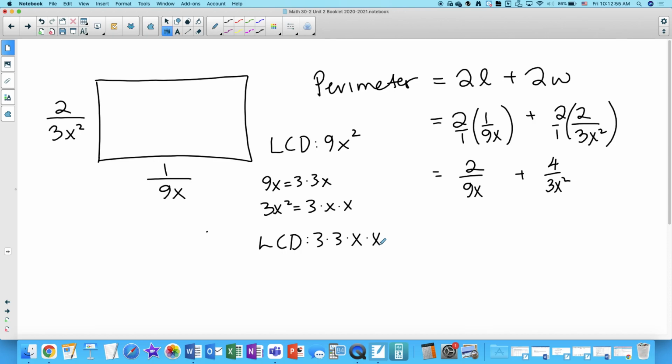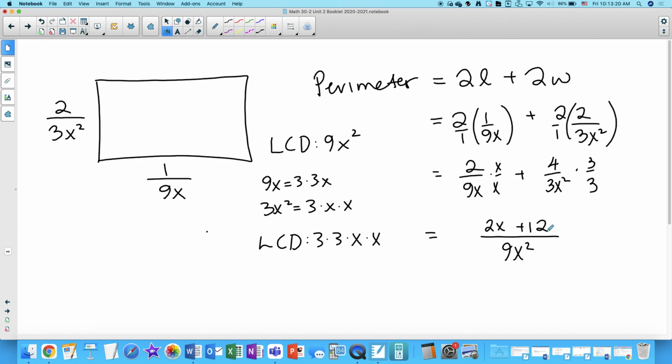What do I need to do to this first rational expression to achieve that? Multiply by x over x. And this one? 3 over 3. So now our whole denominator is 9x squared. This is 2x plus 12.